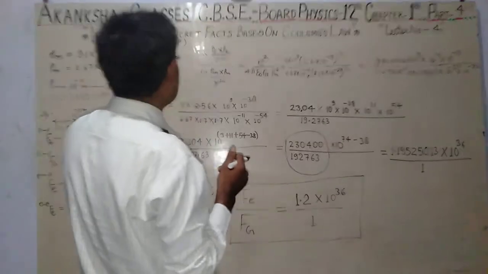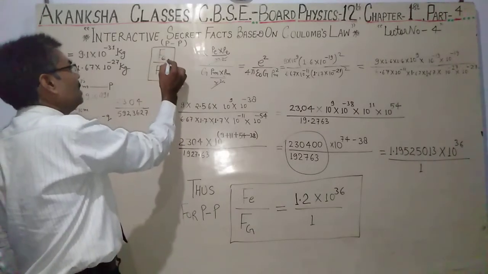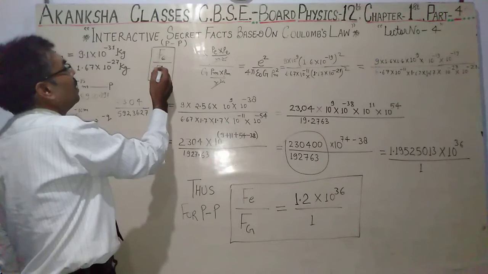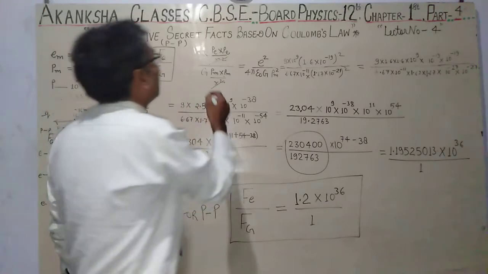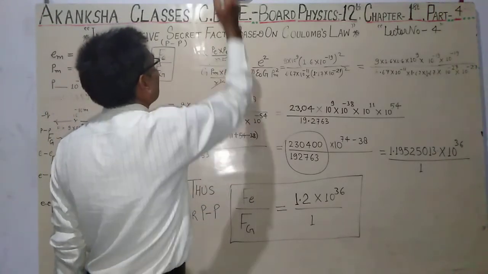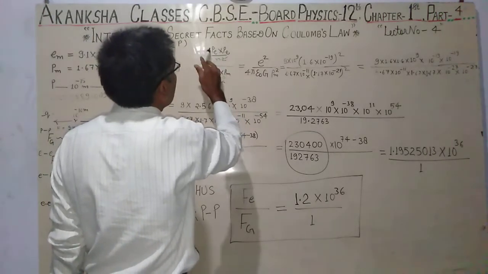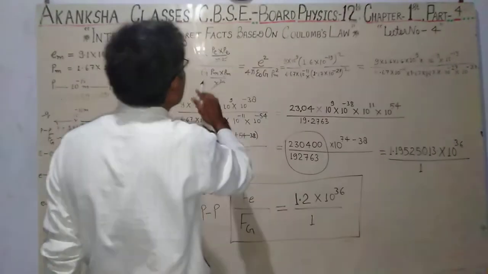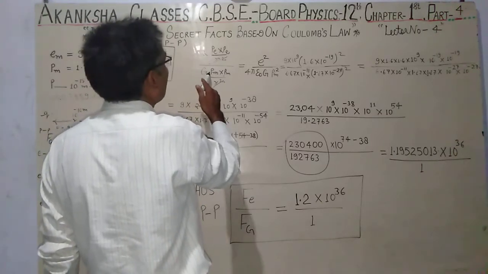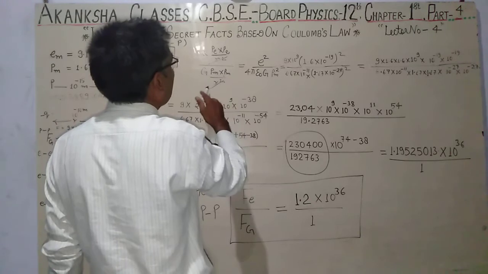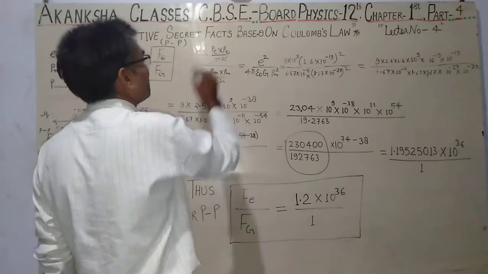We take two protons at R separation and make the same ratio of electrostatic force between two protons to the force due to gravity, that is the gravitational force between two protons, that is given by K, charge on one proton into charge on one proton by R square, upon capital G, the universal gravitational constant, into mass of proton into mass of proton by R square. In this process R square is cancelled.